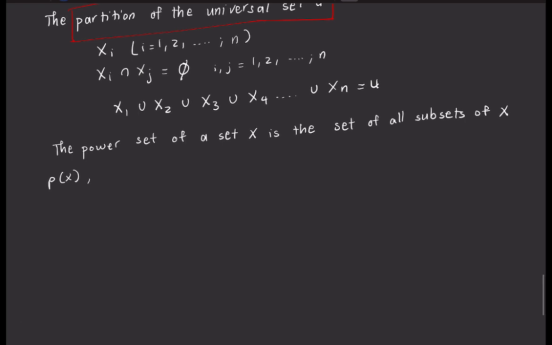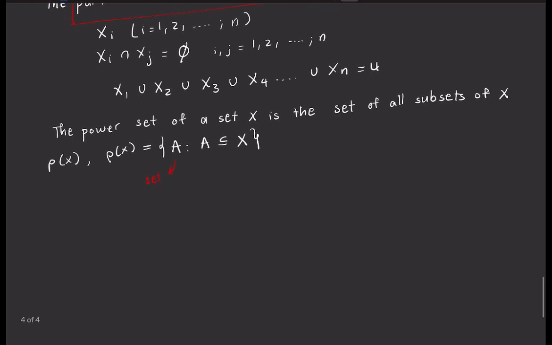So we denote rho X as every set A, where A is a subset of X. So A is a set.